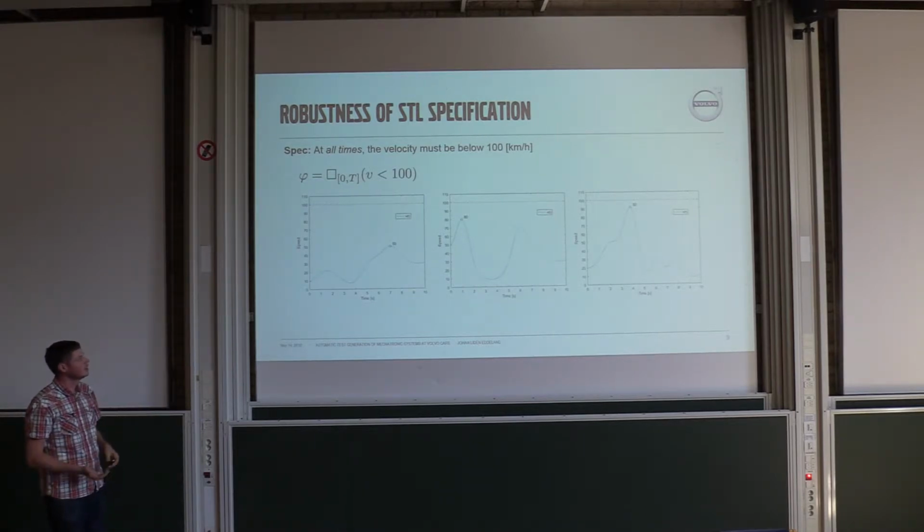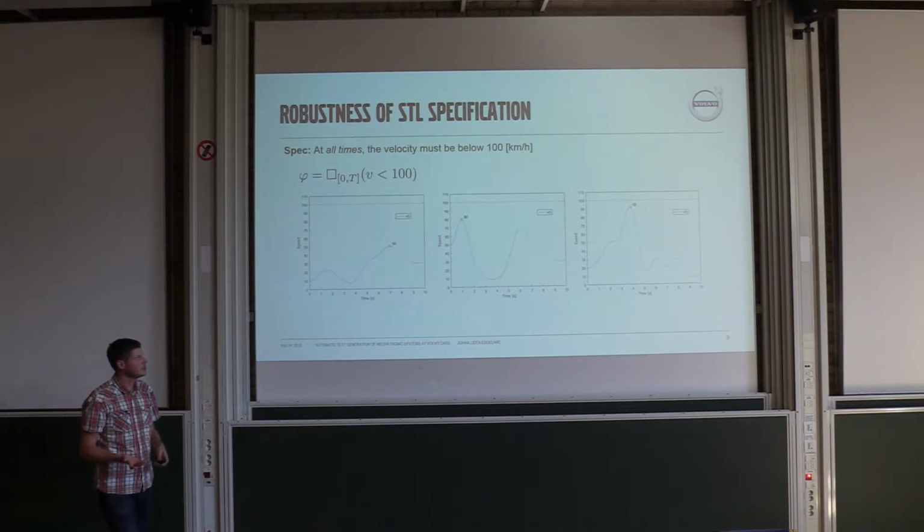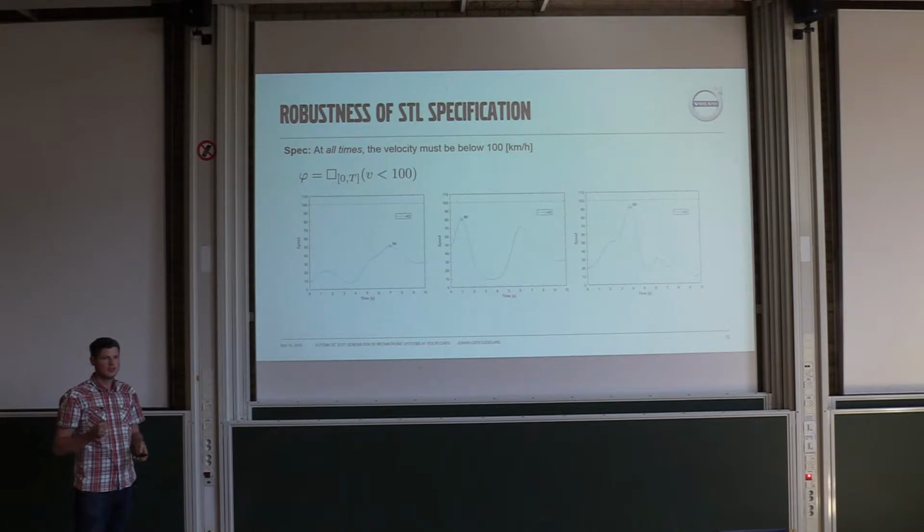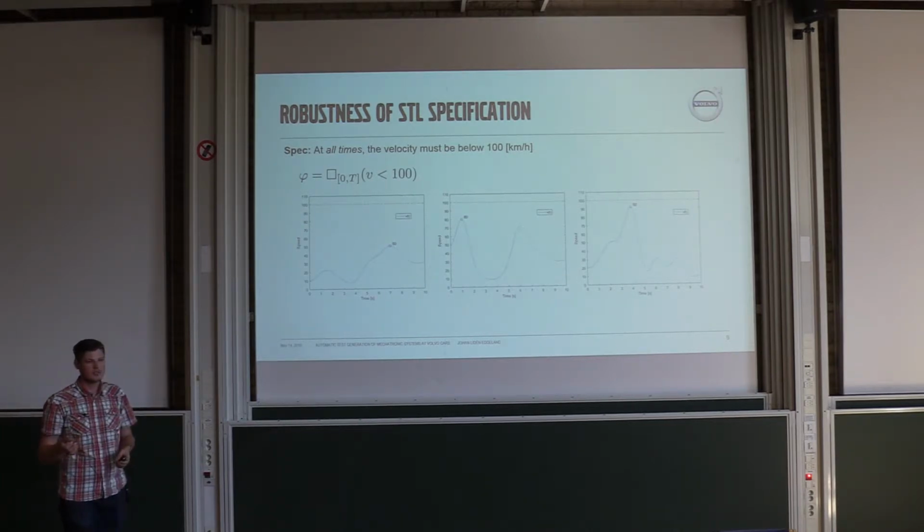If I ask you which one of these, so all of them fulfill the specification. During all the times, all of these 3 simulations have velocities below 100 during all 10 seconds. But the question that we want to know from the system is which one of the simulations is closest to failing the specification.